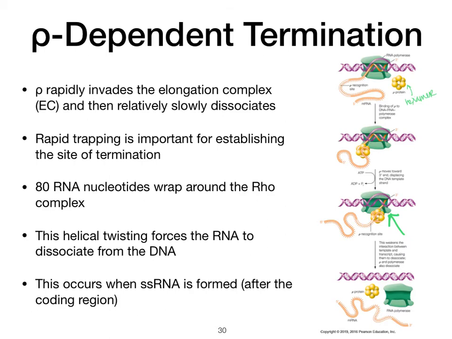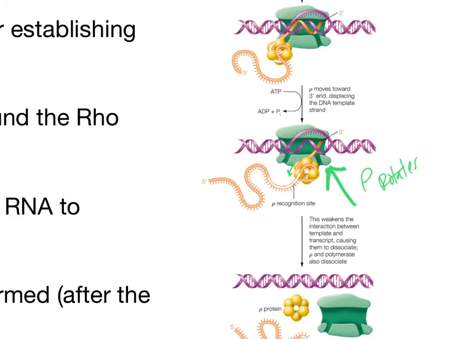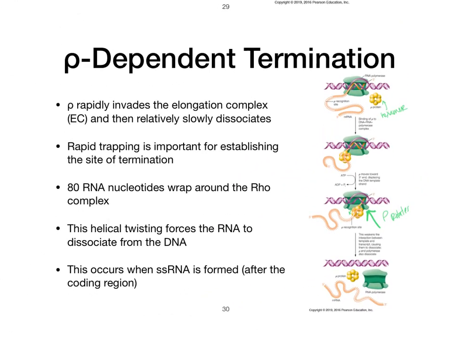Rho then essentially rotates, so rho rotates in this direction per this graphic, and it essentially, in my opinion, yanks the mRNA fragment out of the elongation complex. So once we remove it, the whole thing falls apart. And now this is terminated.